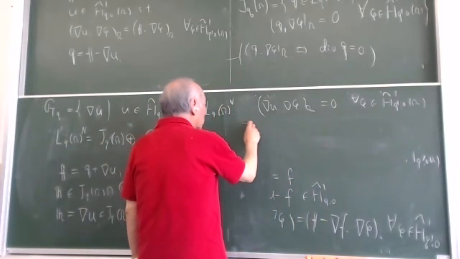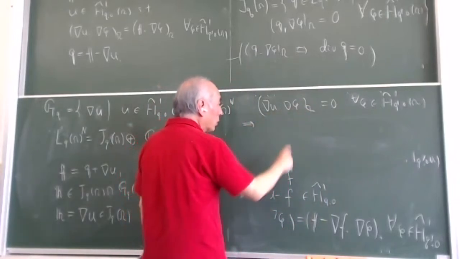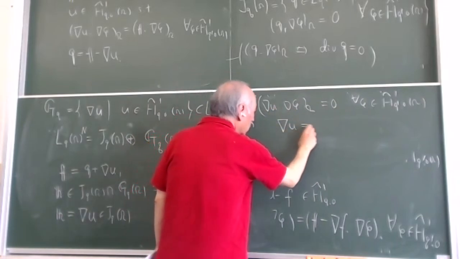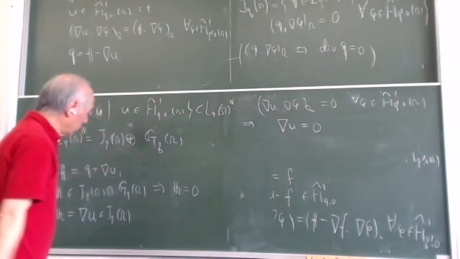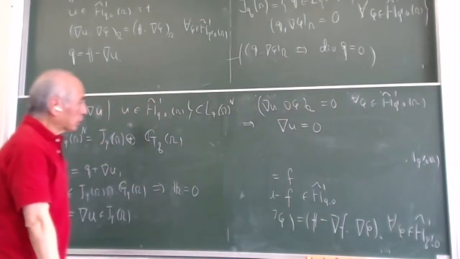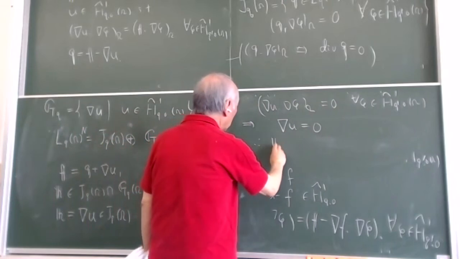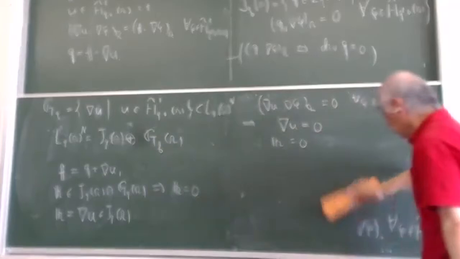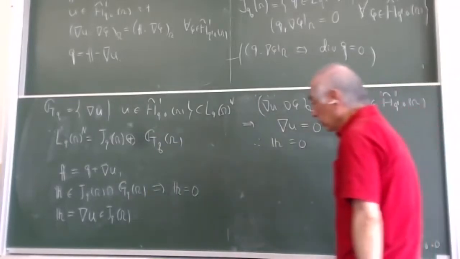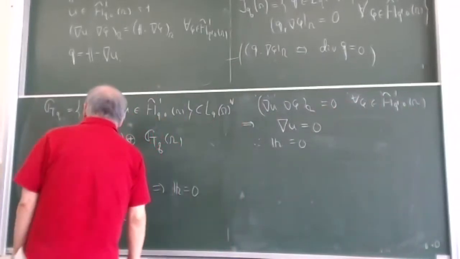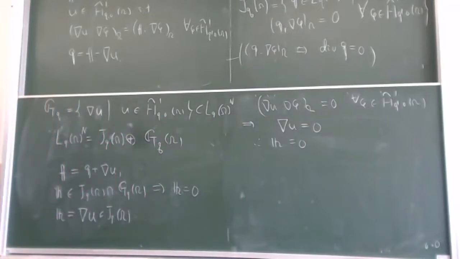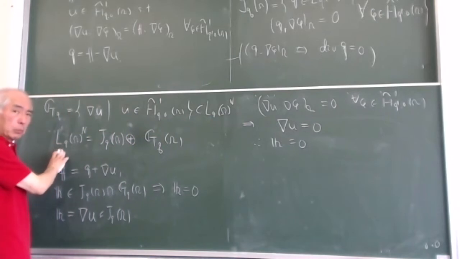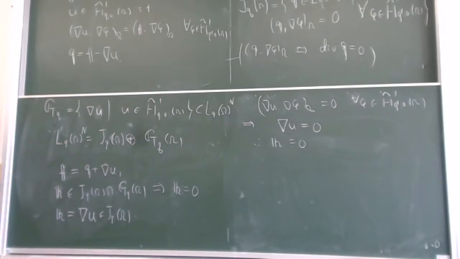Then we assume the unique existence, therefore we know the uniqueness of this solution. This is an assumption, but anyway, H equals 0. So the assumption of the unique existence of the weak Neumann-Dirichlet problem guarantees this decomposition, the Helmholtz decomposition.